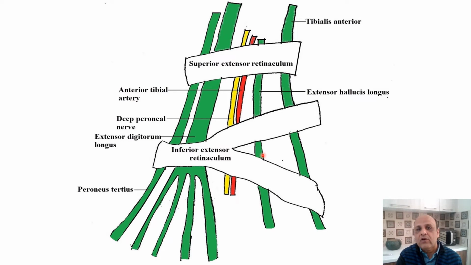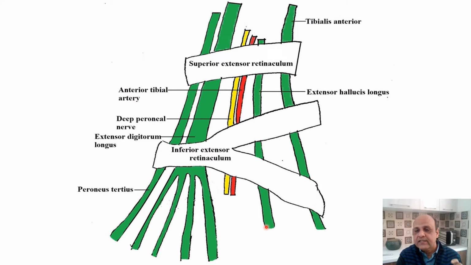Extensor hallucis longus, extensor digitorum longus and peroneus tertius all arise from the medial surface of the fibula. Extensor hallucis longus is inserted onto the dorsal surface of the distal phalanx of the big toe.